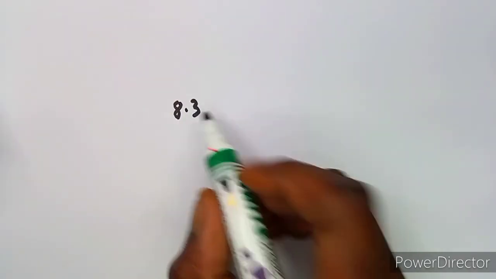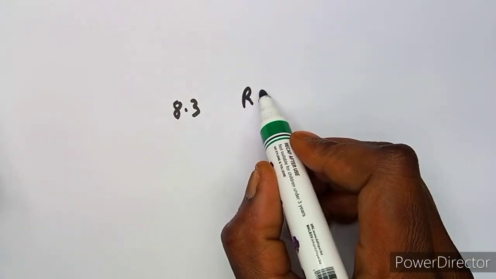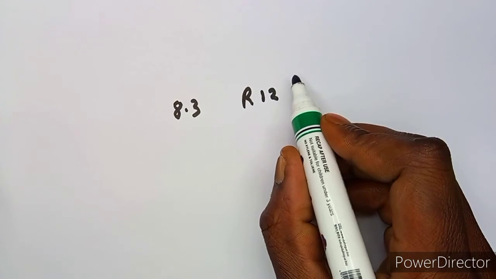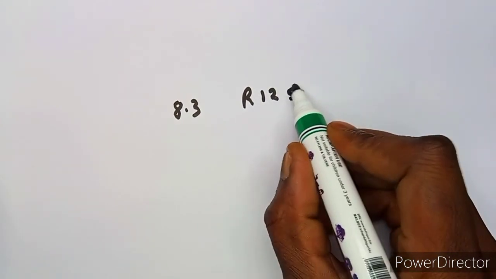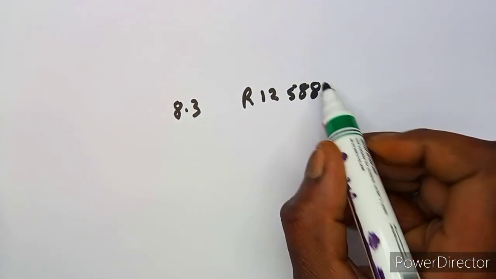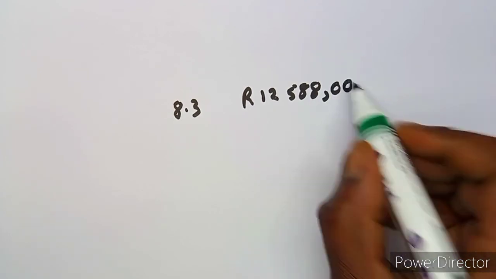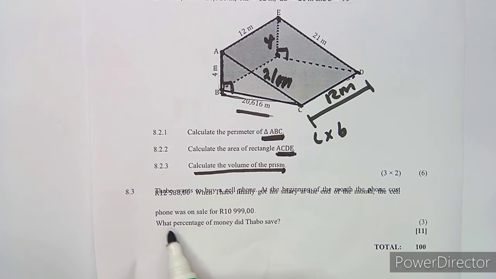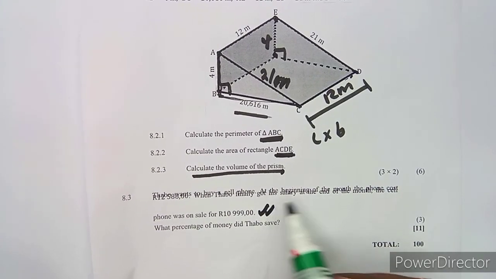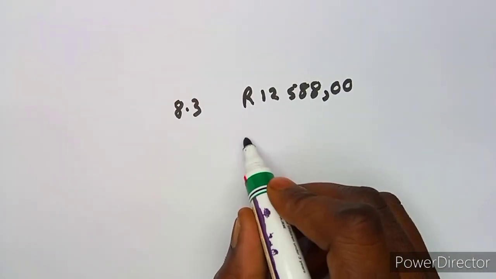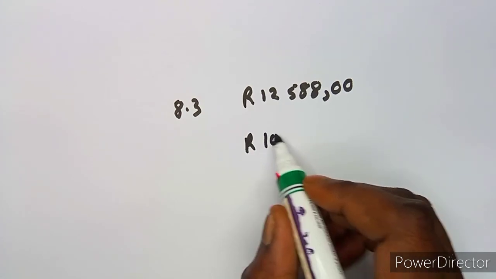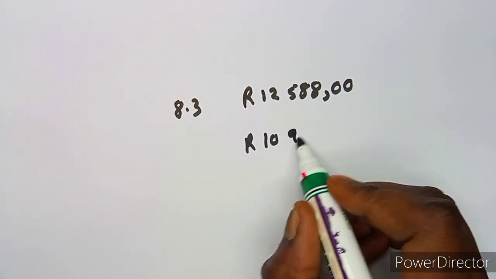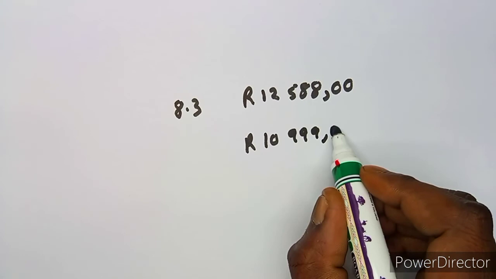It's 8.3. I don't know if it is clear, but I want you to see how you answer the question. 12,588.00. This is the cost of the phone that you wanted to buy. Then the day that you wanted to buy it, you got it on sale at 10,999.00.